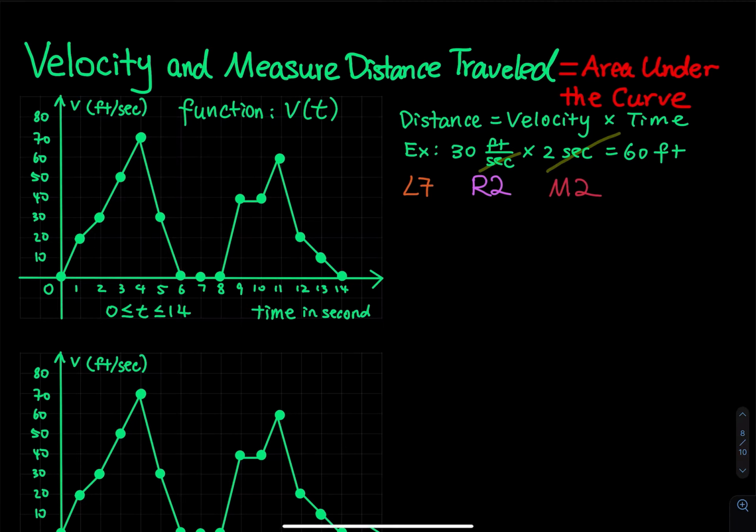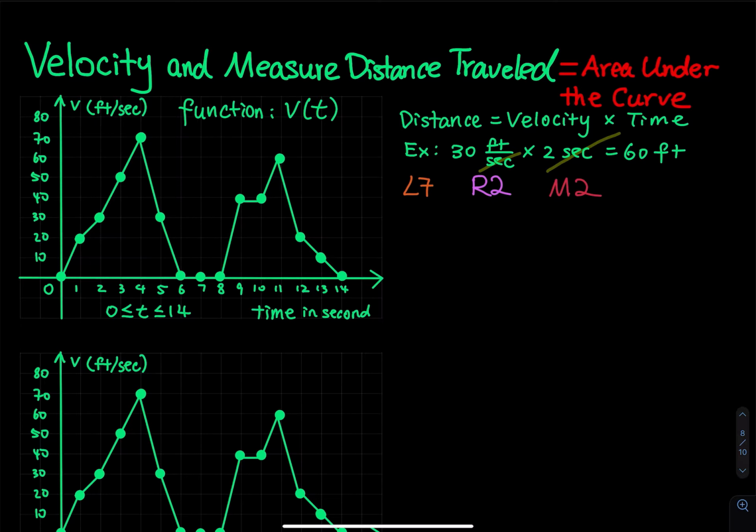When time equals 1, the velocity equals 20, and 1 second times 20 feet per second, the second got cancelled, so the distance traveled equals 20. So the area under the curve in this graph represents the total distance traveled in 14 seconds.